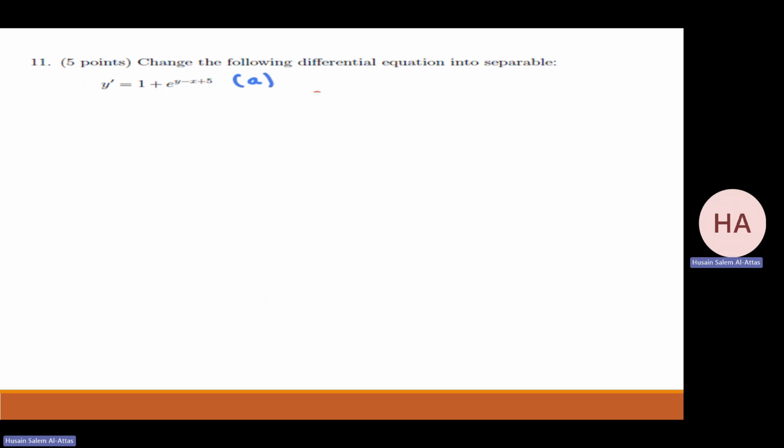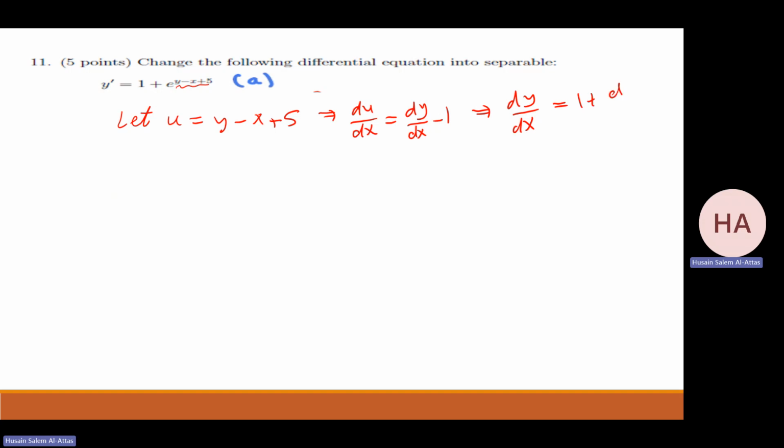Okay, what will I do here? Very clear. I will take this as my u: y minus x plus 5. So du over dx will be dy over dx minus 1. In other words, dy over dx, which is y prime, will be 1 plus du over dx.